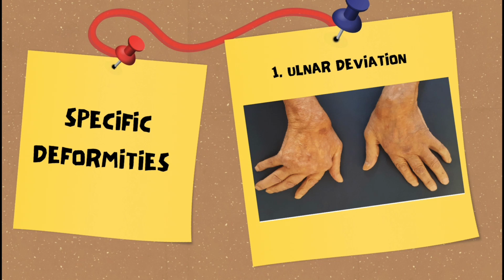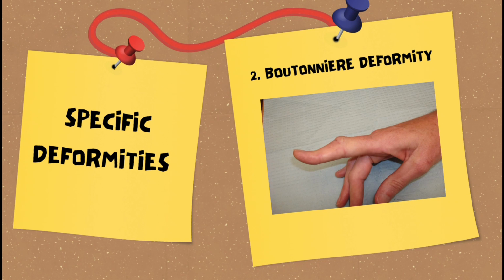Individuals with rheumatoid arthritis may experience different types of deformities, depending on the rate and manner in which their joints and ligaments deteriorate due to disease. The specific deformities include ulnar deviation. Chronic inflammation of the MCP joints damages the joint capsule and surrounding structures, which can result in ulnar drift. Next, boutonniere deformity. A boutonniere deformity can affect the index, middle, ring, and little fingers.